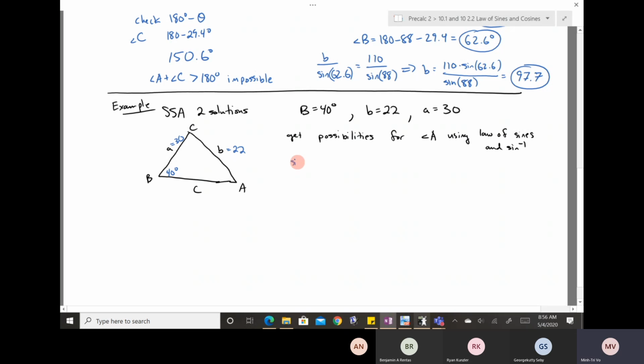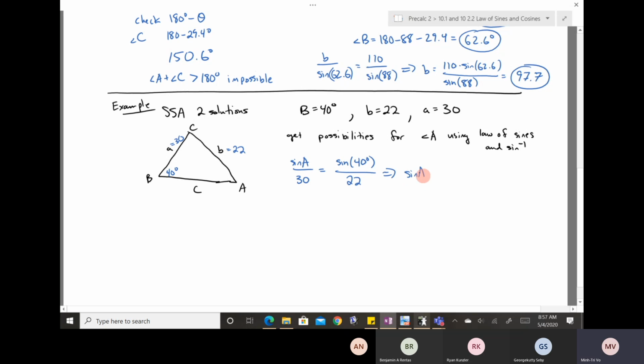Okay, so sine angle A over A, which is 30, is equal to sine B over side B. I've reversed this, right? I want the angles in the numerator. So sine angle B, which is 40 degrees, over side B, which is 22. So the 30 multiplies over.